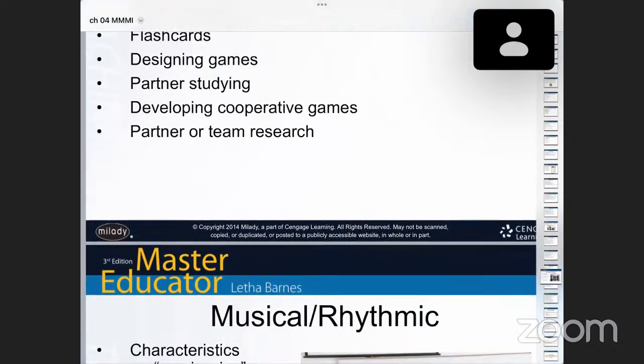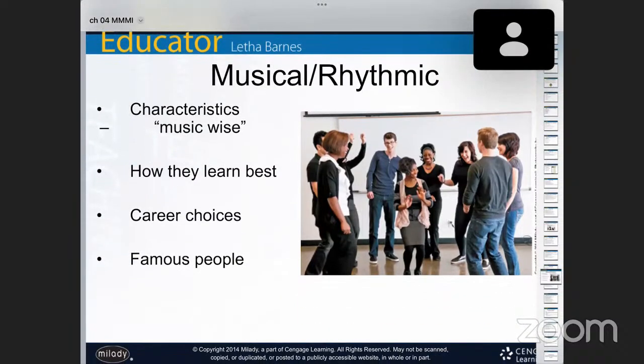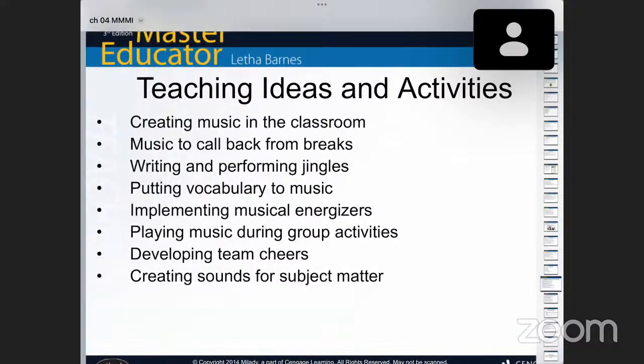Partner studying, designing games. Then you have the rhythm music people, get them up out of their seats. A lot of times I say, look, we take the chants, the cheers, the line dance. I shared something the other day where my student tagged me in something from 2012.